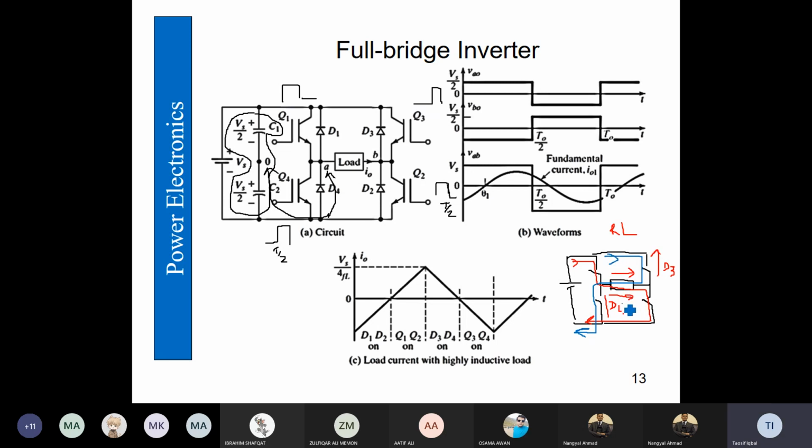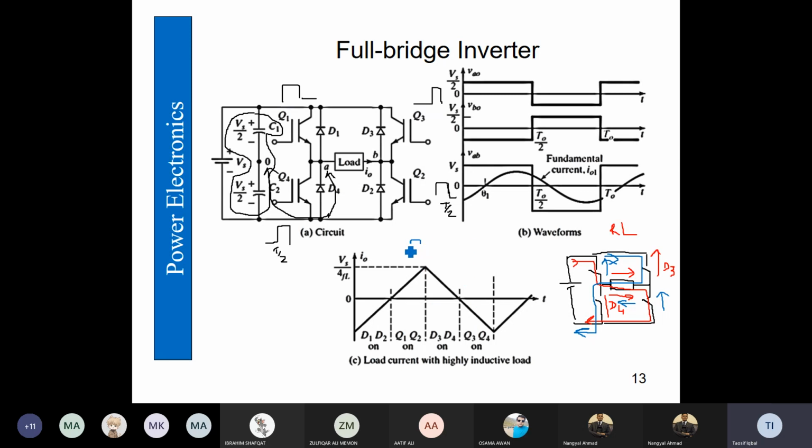And the direction of current is opposite to the previous red colored one, and therefore if Q3 and Q4 are off but the inductor is charged, the current is going to flow through D1 and D2 and go back to the supply. So the third waveform is actually indicating this scenario when we have an RL load.